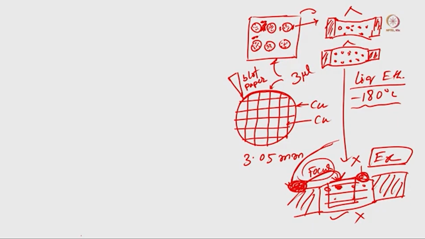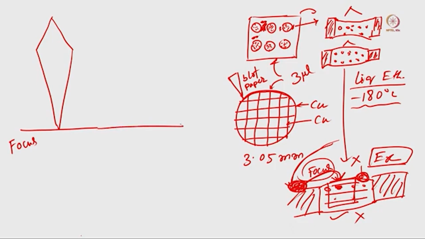Now coming back to focus, if you remember, last class we discussed that electron beams can converge in one particular area. So just consider this is the actual focus. Now there are two other possibilities. I change the magnetic field in such a way that there is a crossover point somewhere up.